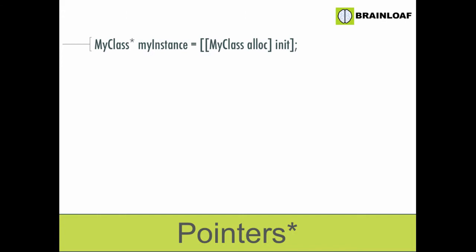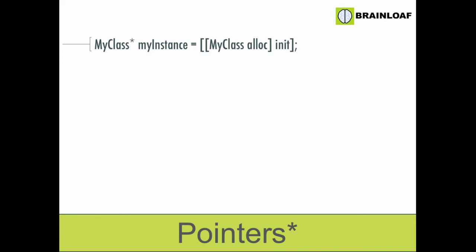In most modern languages today, we have references to objects. Since Objective-C is C-based, it has pointers, and a pointer is a variable that holds the address of a specific place in memory. And that's how you access elements that are in that memory space.